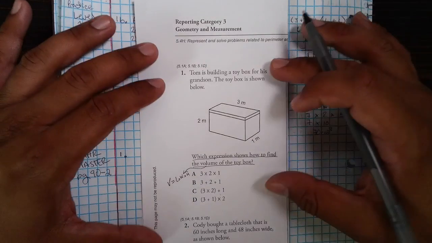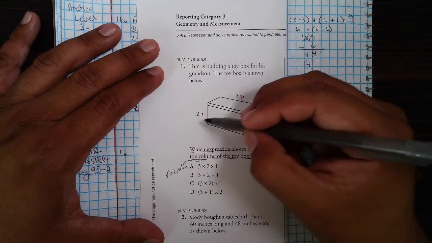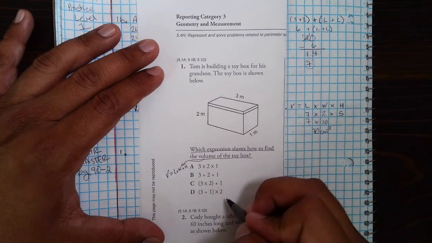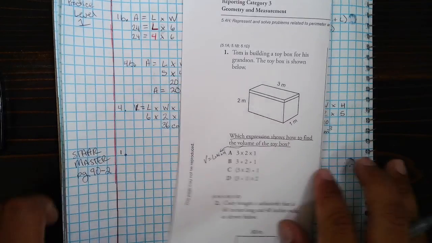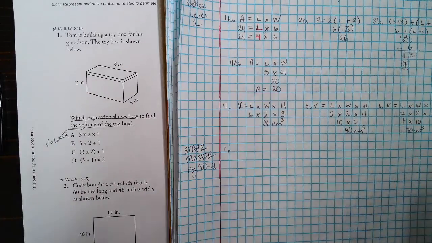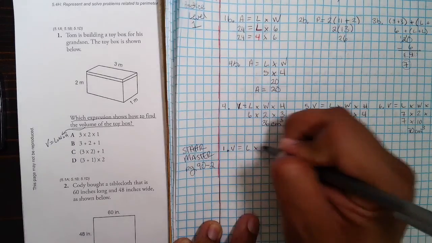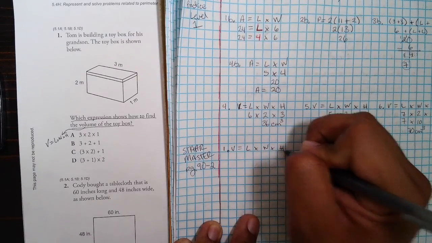All right. So let's see here. So my length, how long is it? Well, oh, I should put it here. Swap. There we go. Much better for me. All right. So volume equals length times width times height.